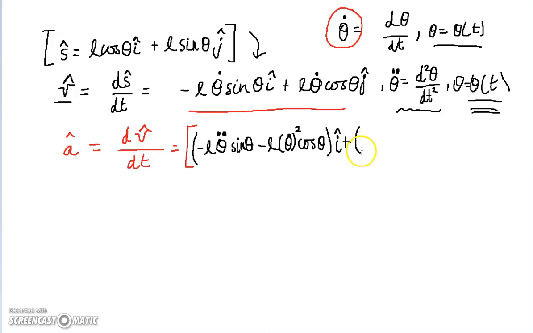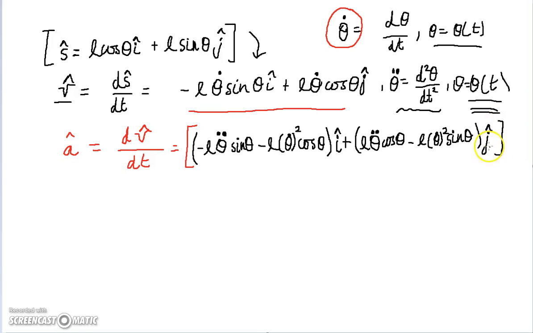plus, I'm going to do something very similar, L theta double dot cosine theta minus L theta dot squared sine theta j hat.